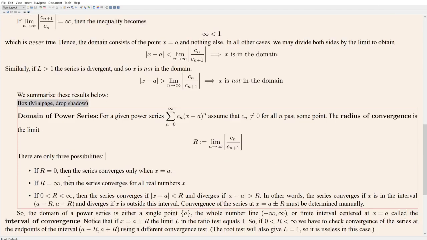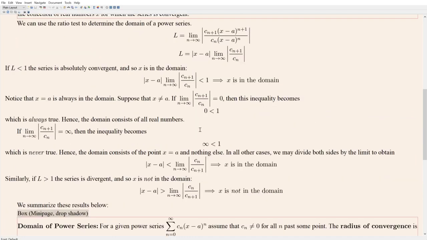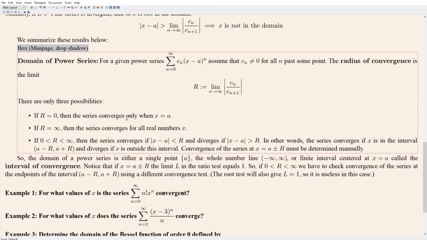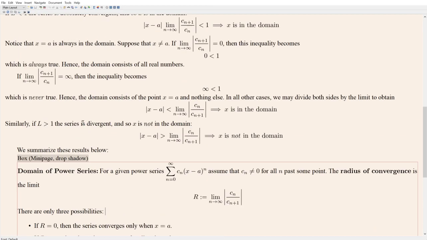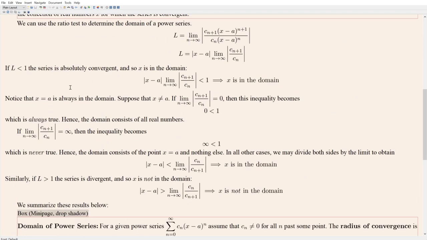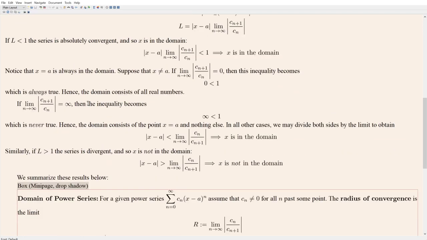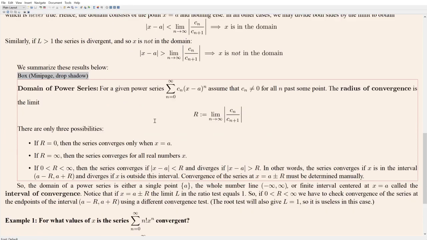Okay, so here are the possibilities. If this is equal to 0, well, then that is the same as saying that the reciprocal is equal to infinity, right? So if the reciprocal was infinity, that was the case where the domain was 1 point.